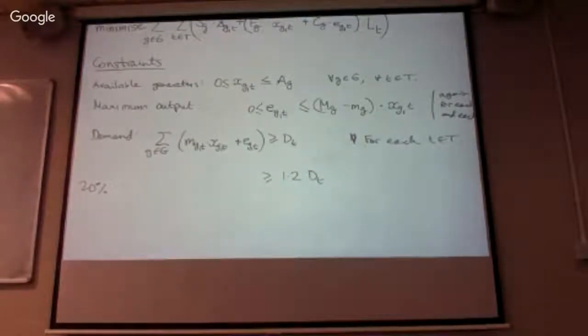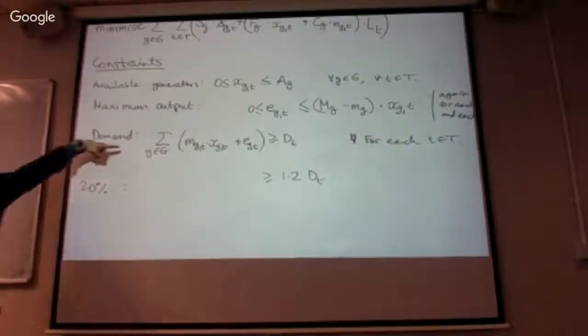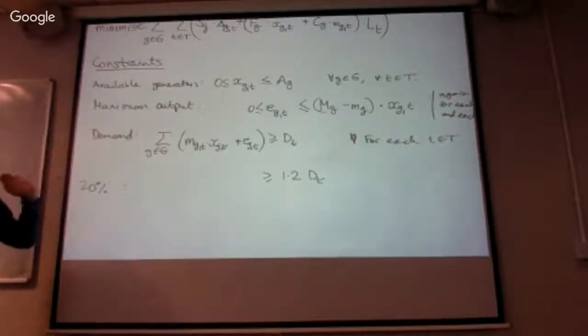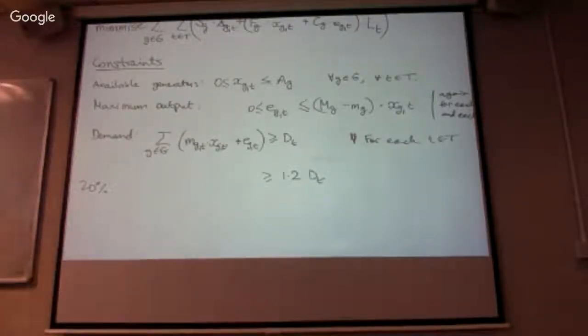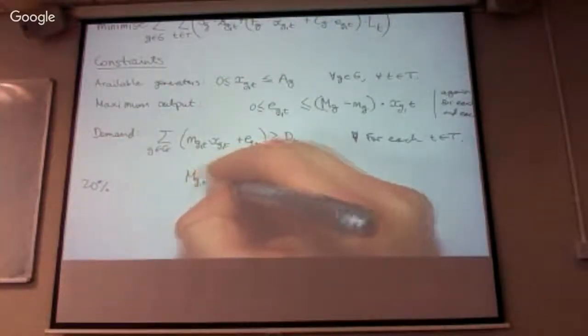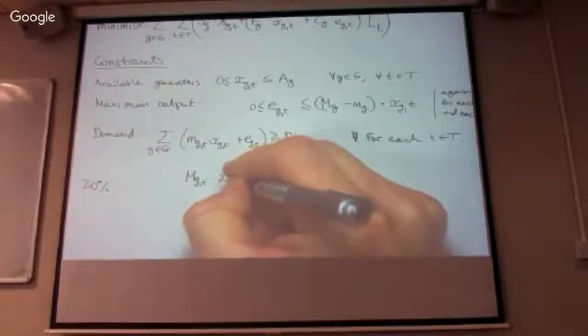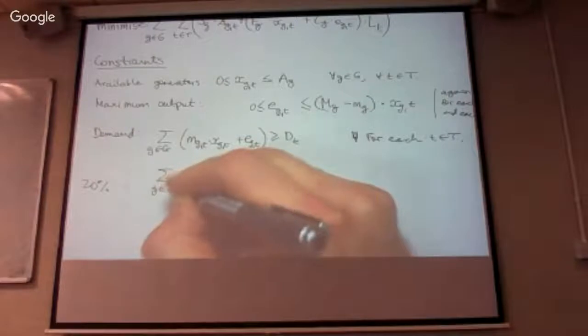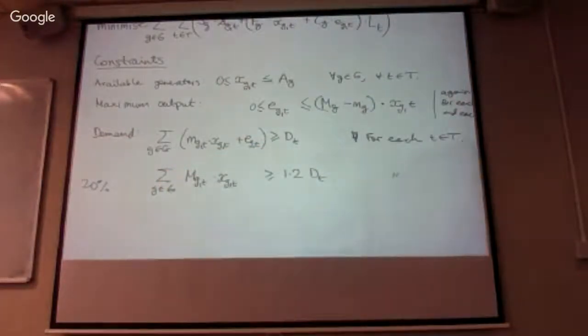But now what we're actually producing is not what has to be 20% above, but the maximum capacity of what we have running. So that's the maximum capacity that we have. And you have to add them over all the generator types. Okay, does that make sense?